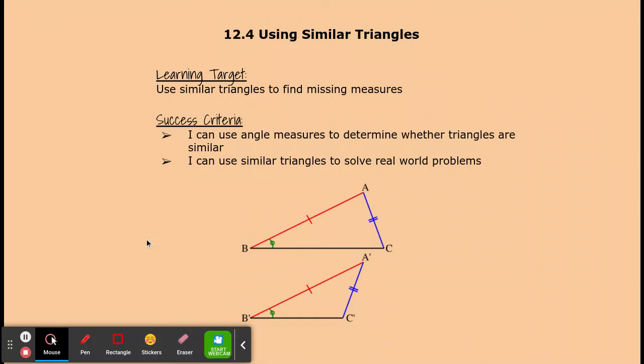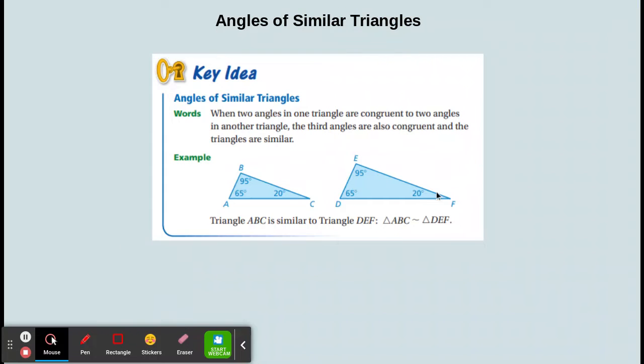12.4, using similar triangles. When we talk about similar triangles, we need to look at their interior angles.